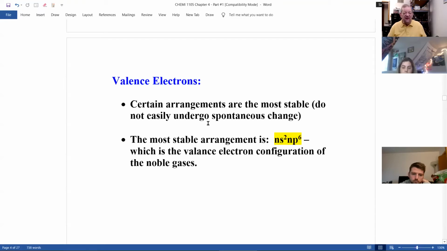The most stable elements are the noble gases, which used to be called inert until somebody found you could sort of make them react if you really beat on them hard. And this most stable arrangement is ns2 np6, which is 8 valence electrons, the outermost valence electrons, where n is the shell number, like 2s, 2p, or whatever.